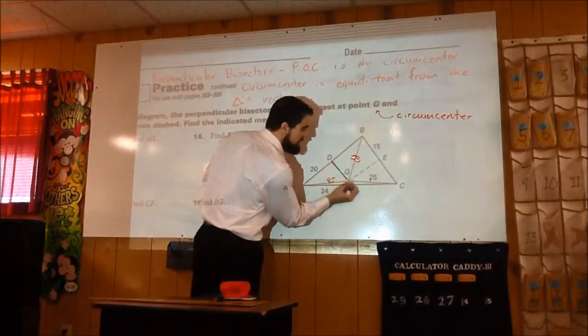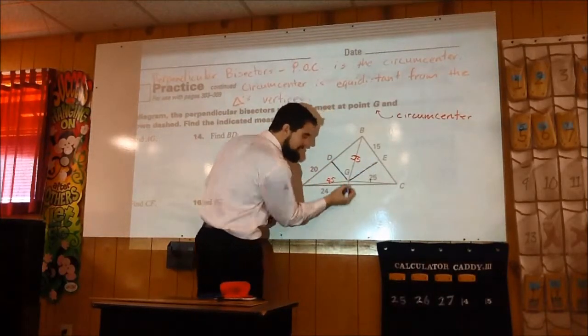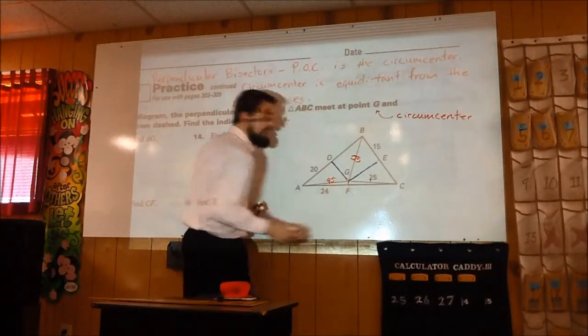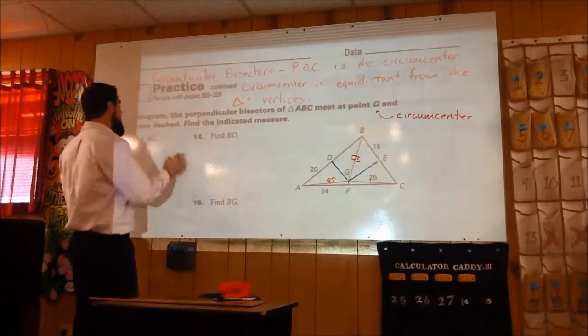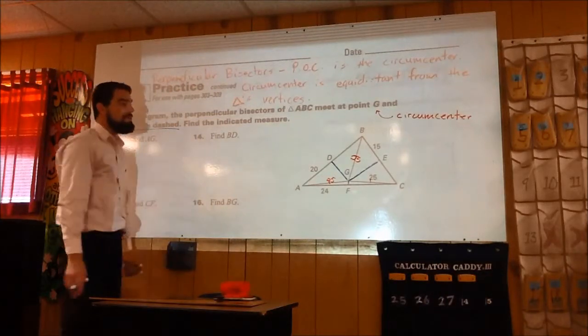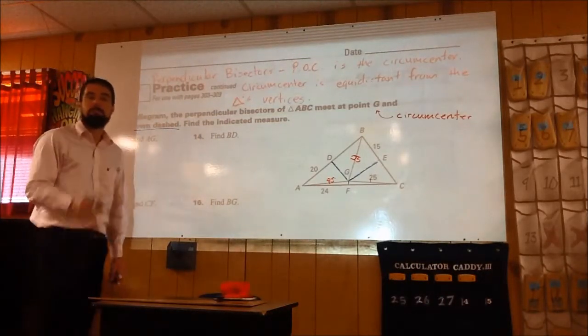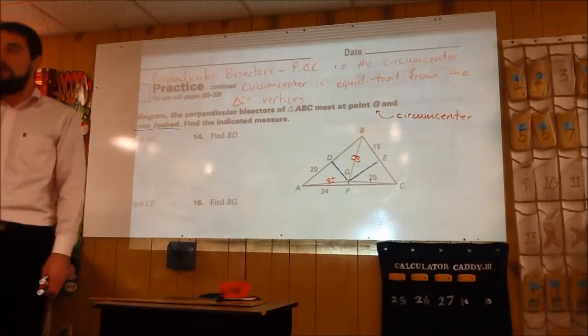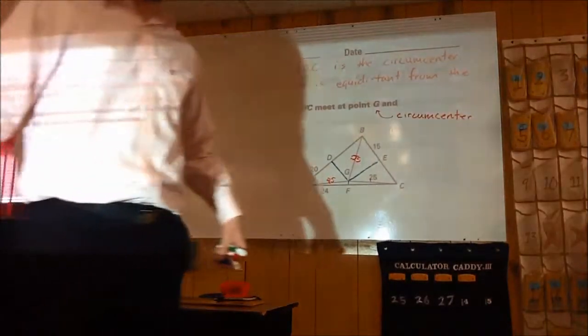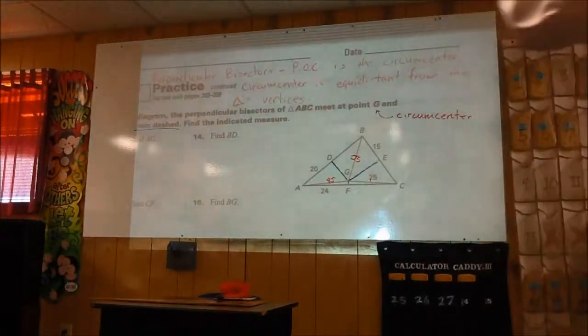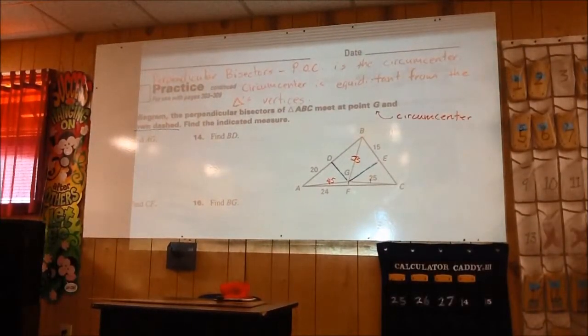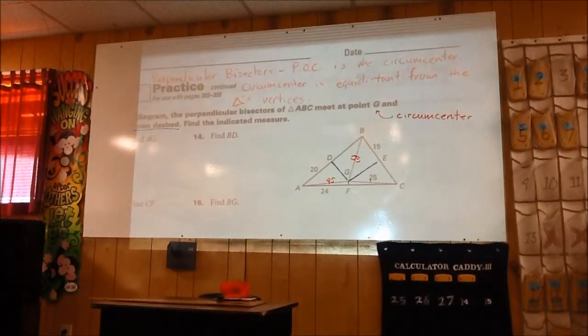So this in blue ink, and that in blue ink, and this little guy right here from G to F, these dashed ones are your perpendicular bisectors. I need you to mark in that diagram that those dashed segments are truly the perpendicular bisectors. Please mark your diagram accordingly. Show that they truly are the perpendicular bisectors.